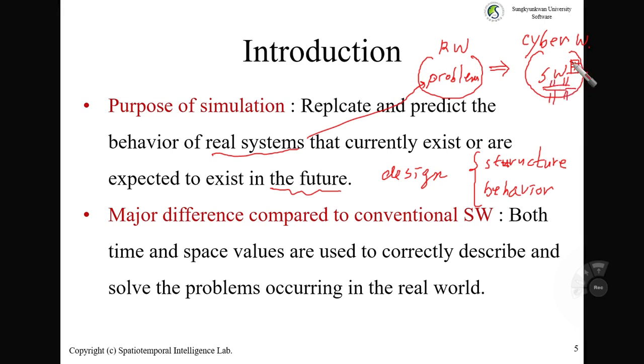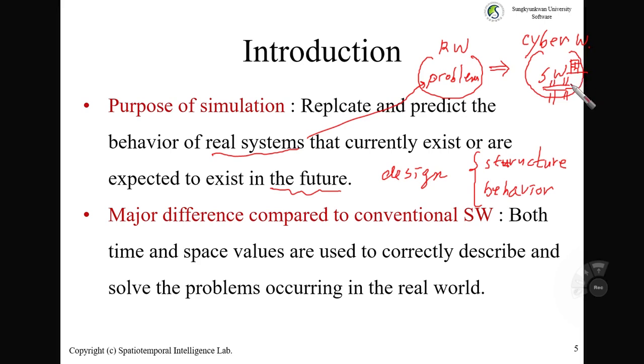By this time, the software is called a simulation model. So once these are built, then we can execute and let the car drive through this road, or let the simulation software operate this building, and see how this works.